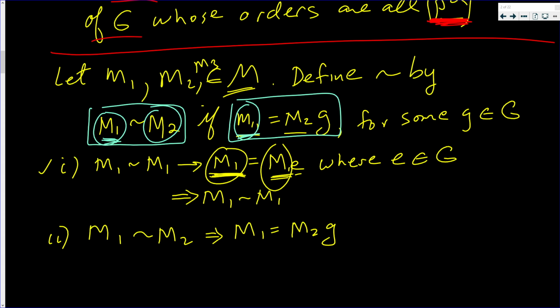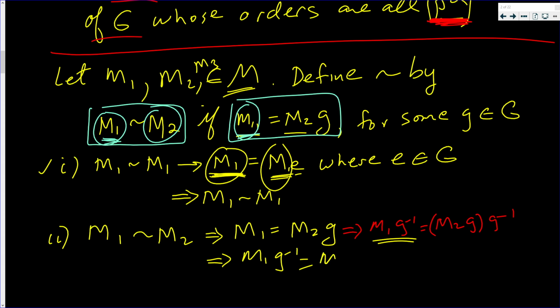But now, if I multiply on the right by g inverse on both sides, this implies that M1 g inverse is equal to M2 g g inverse, by the associative law, but that's M2 times e. That's in G.